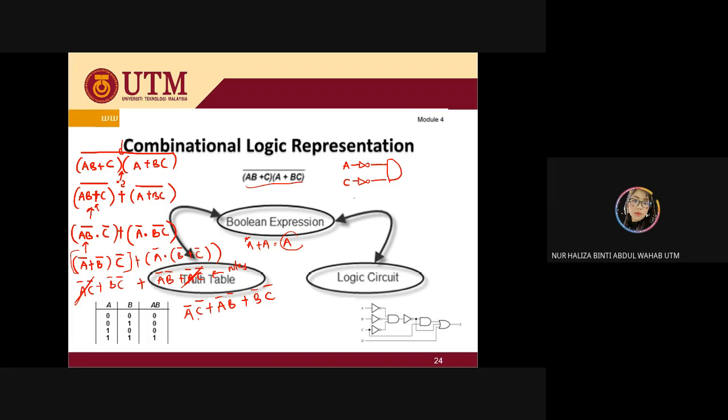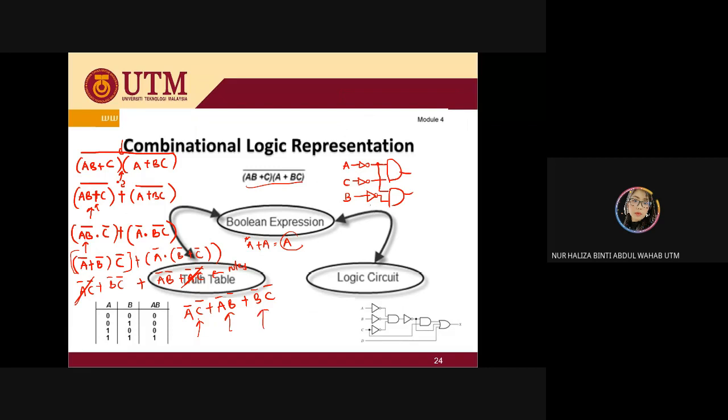And we have another one, A bar, C, and B bar. This one is AC and then AB.